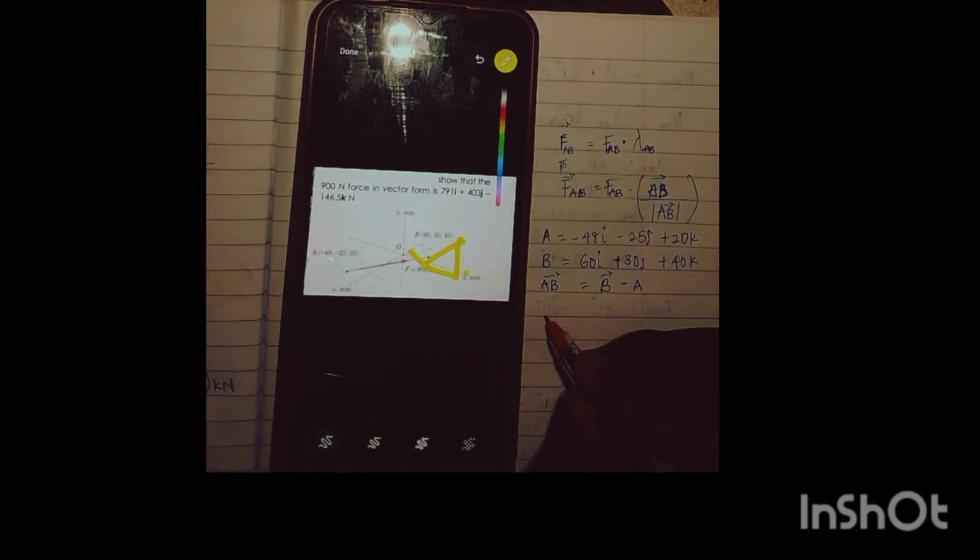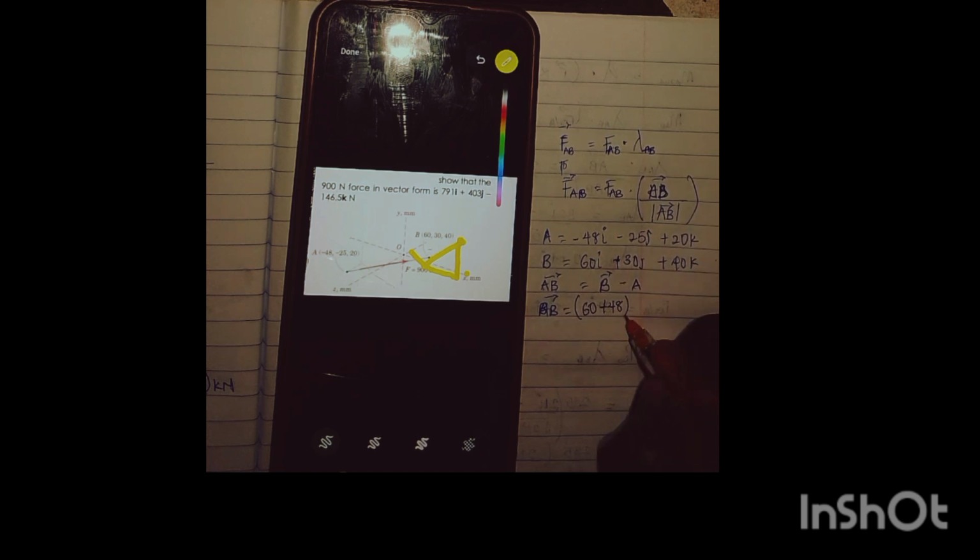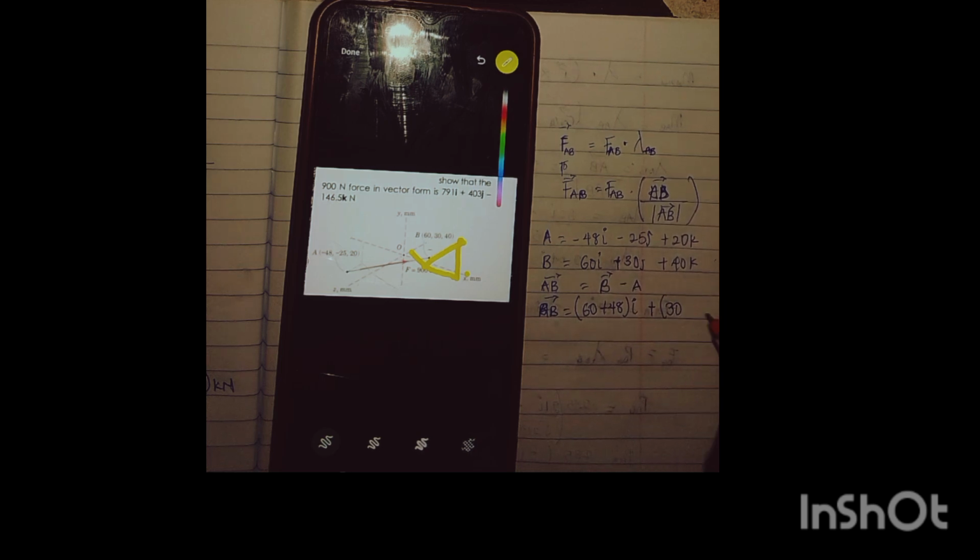So that means we subtract A from B. So we'll be having AB is equal to, open bracket, 60 minus, that's plus 48 in i direction, plus, open bracket, 30 plus 25 in j direction, plus, open bracket, 40 minus 20 in k direction.